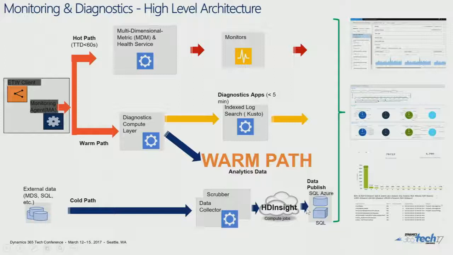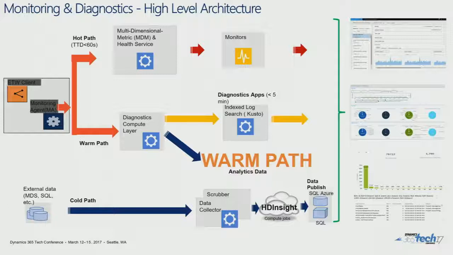We have something called Scrubber, which takes out all information that identifies a customer or any data that they have. So it's just analysis of how the business is running, like how many forms have been opened in the last month, which forms have been the slowest, and what the most used data flows within AX are, things like that.